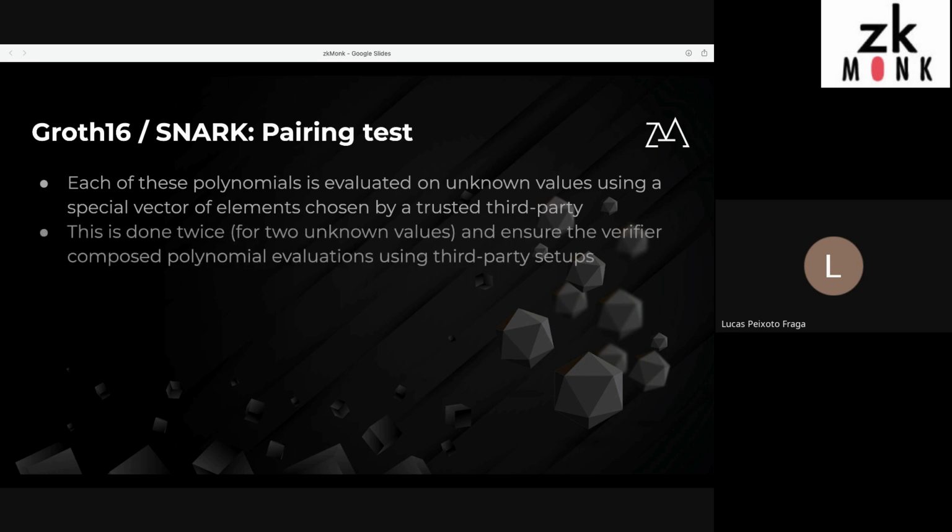We actually need two setups. Okay, we need this vector for two different secret elements, and we will evaluate the polynomials twice, one for each of these unknown values.